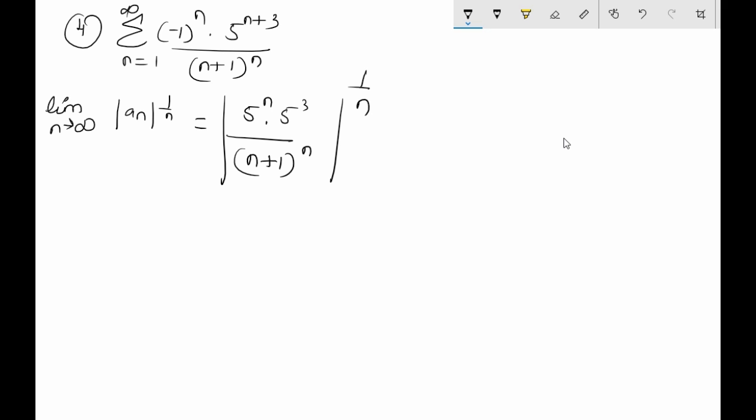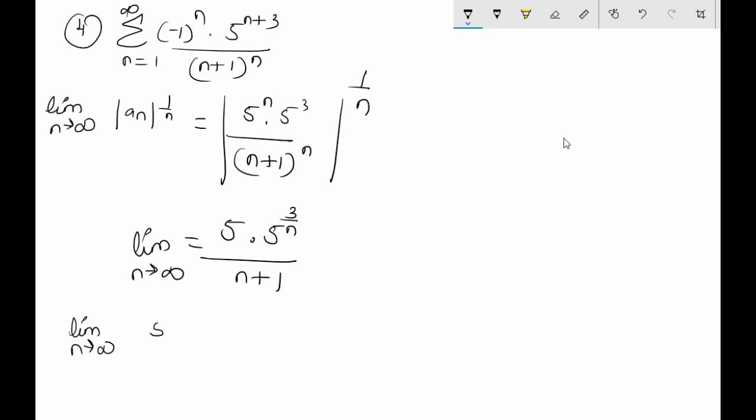So taking this 1 by n inside, we'll be getting 5 into 5 raised to 3 by n, divided by n plus 1. So taking individual limits, we'll be left with 5 divided by (n plus 1) into limit n tends to infinity, 5 raised to 3 raised to 1 by n.